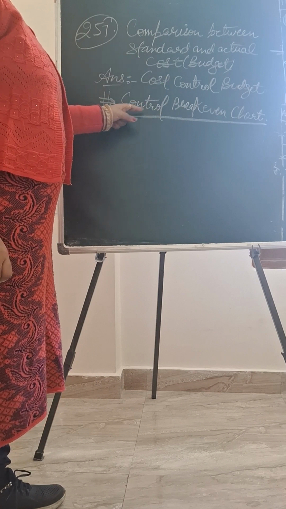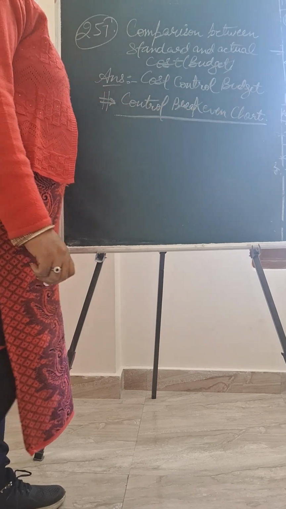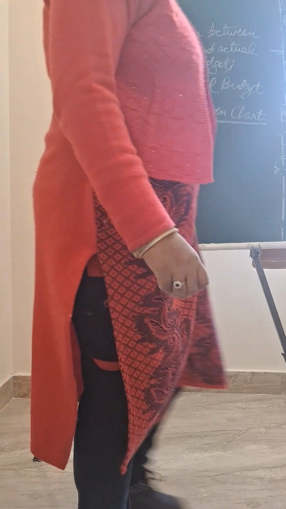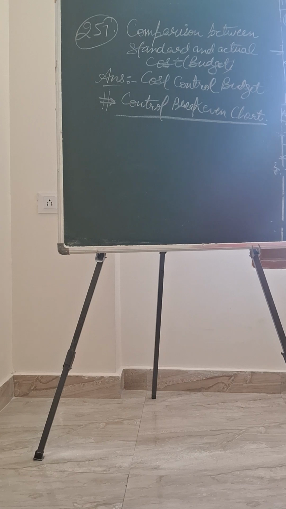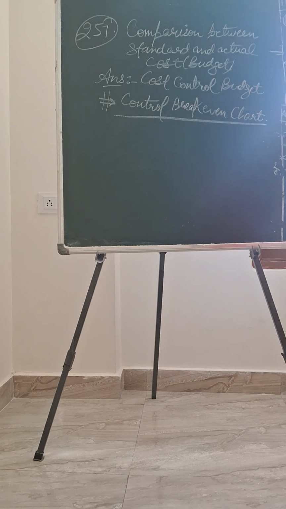It is prepared to know what are the deviations or what are the changes. Then next we have decision always involves prediction. Costs which are pertinent for decision making are termed as relevant cost. This everyone knows.